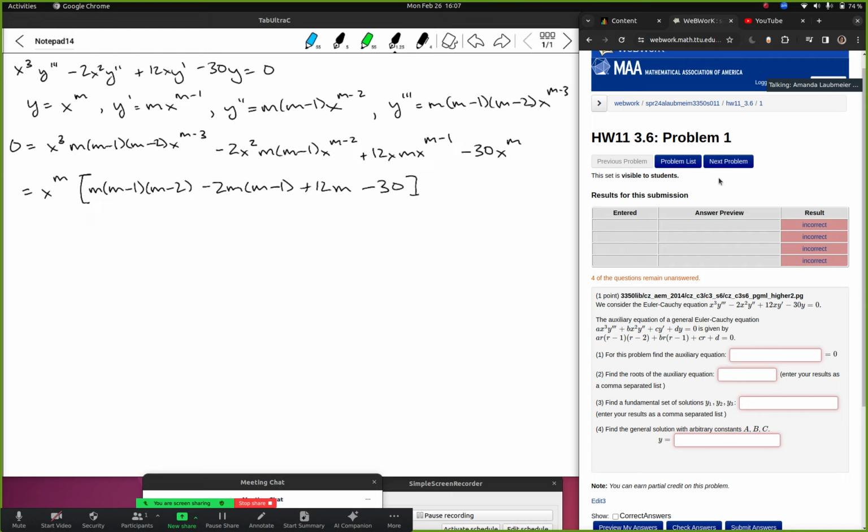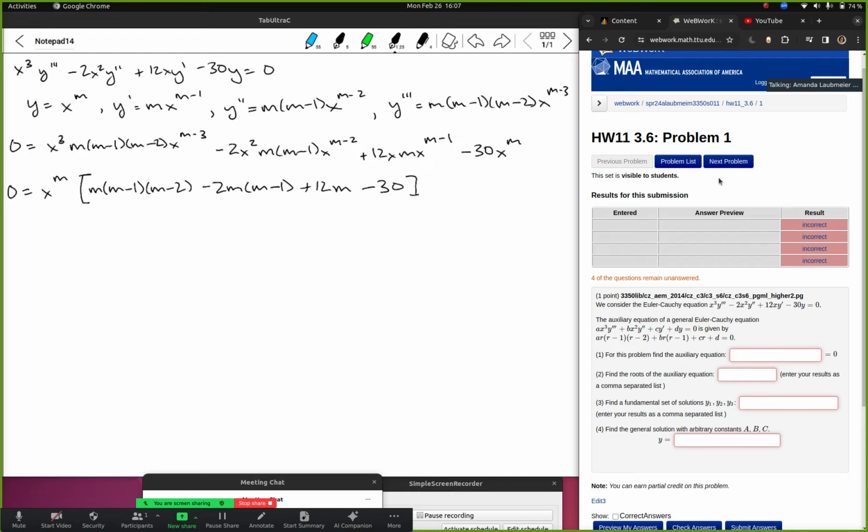If you're not totally convinced about this multiplication, go ahead and try it for a number that's easy to count to, and you should be able to see that this happens with powers. And then I can divide out that x to the m, or I can think about how if this has to be equal to 0 for every single x, then I must have that this thing is 0, because I'm only guaranteed to make this 0 from the x when x is 0.